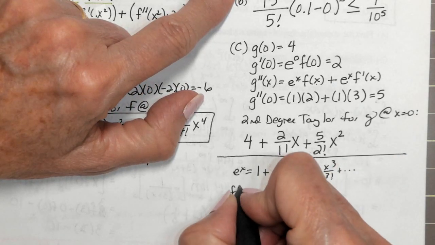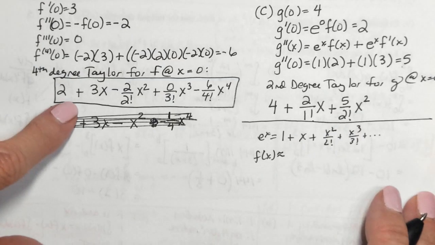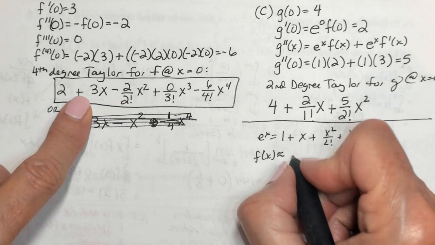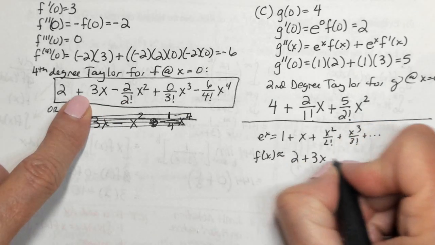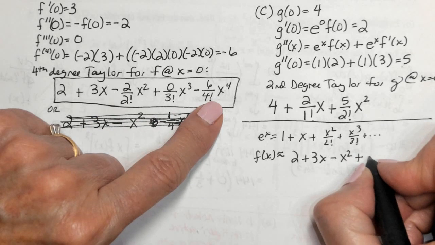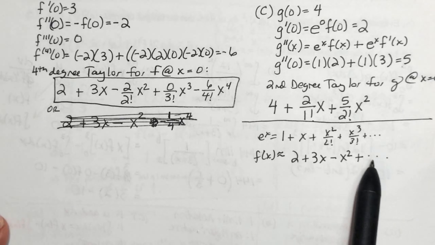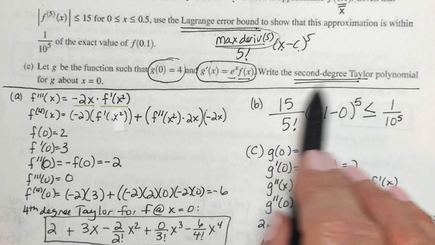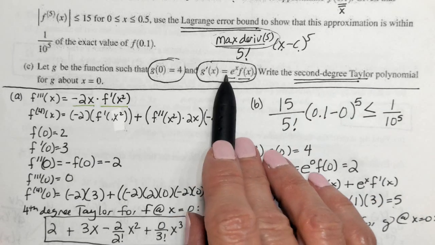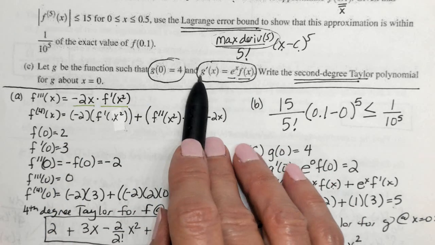f of x is the Taylor polynomial for f, which is right here, right? 2 plus 3x minus x squared plus on and on and on. That's f of x. Well, if I want the second degree Taylor polynomial for g, the product is g prime.